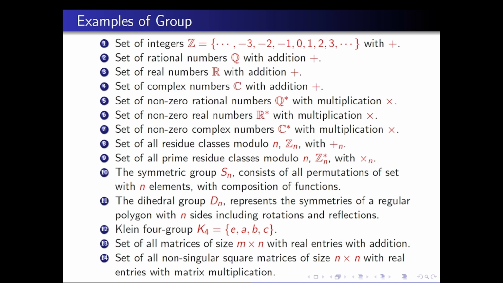Take any set and any operation, and if the operation satisfies all these four properties on the elements of the set, then we call that set a group with respect to the operation. And if it does not satisfy any one of the properties, then we say that it does not form a group. Let's see some of the important properties of group.